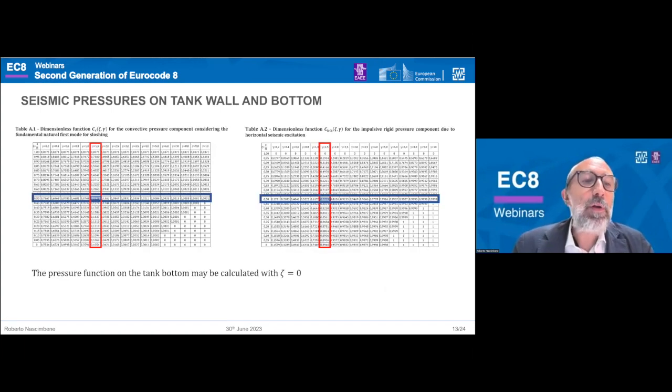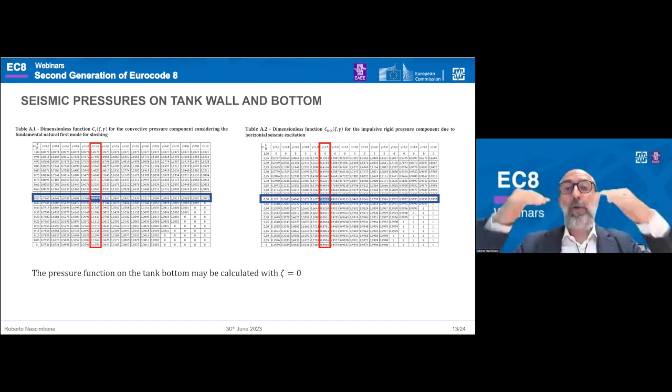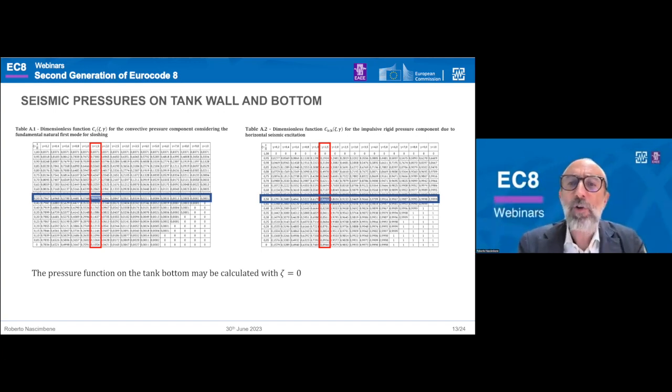Application of the table. Here we have, on the left side, the coefficient for the convective pressure component. On the right side, the coefficient for the impulsive rigid pressure component due to the horizontal pressure component.